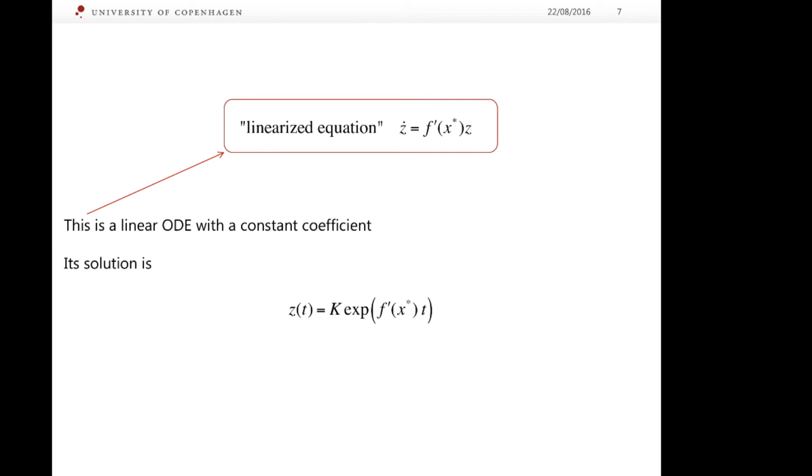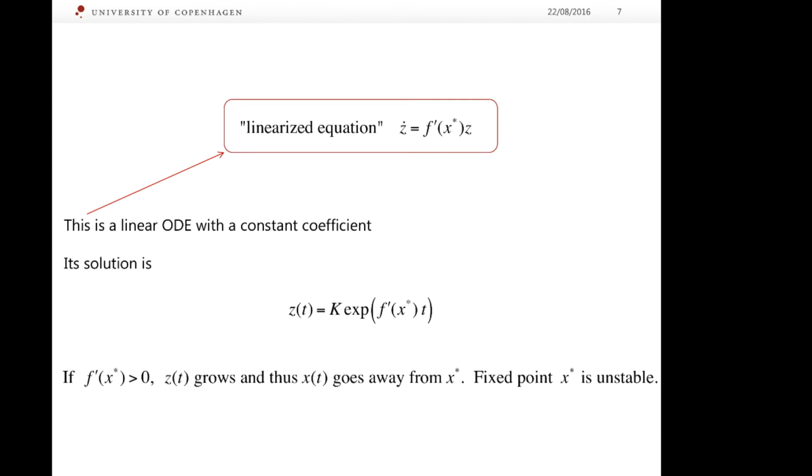Deviation behaves exponentially with time. How exactly does it behave? Well, it depends on the sign of the derivative of f at the fixed point. If this derivative is positive, it means that the deviation grows exponentially with time. What does that mean? The deviation z is in fact the distance between the state of our dynamical system and the fixed point.